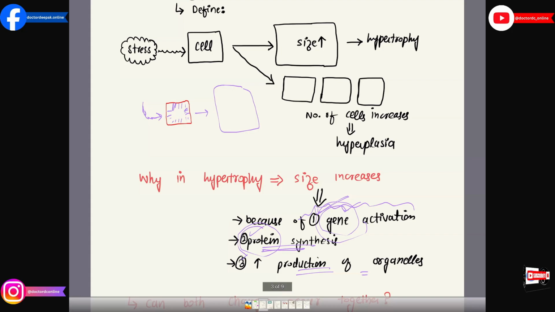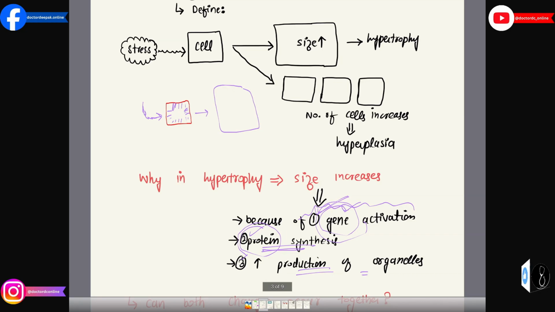Now, let's suppose they are asking you a question and giving you an example, a diagram. Let's suppose they show you a picture of the heart, the left ventricle, and they say this is a case of systemic hypertension.